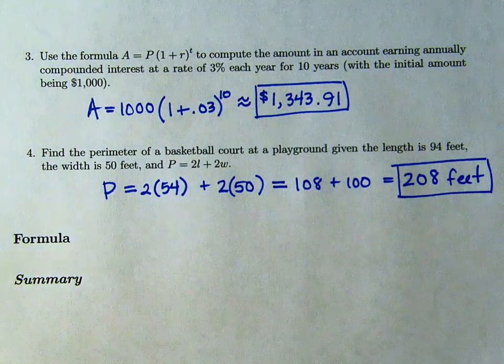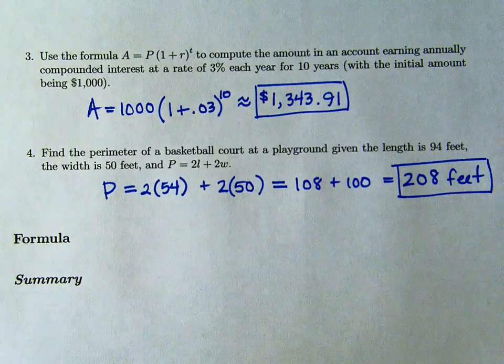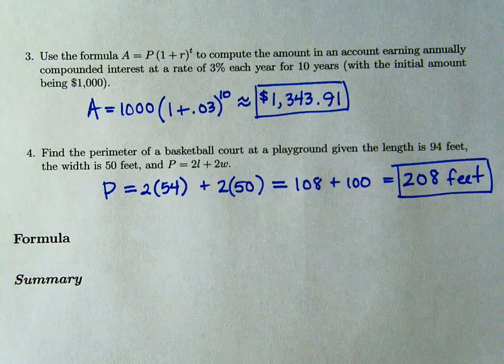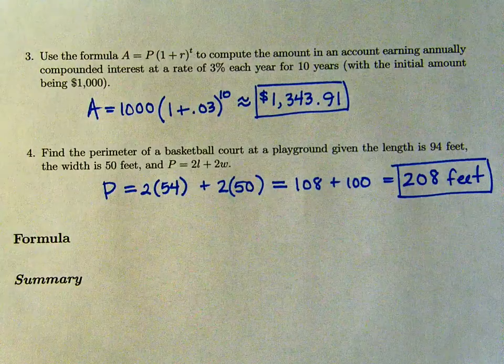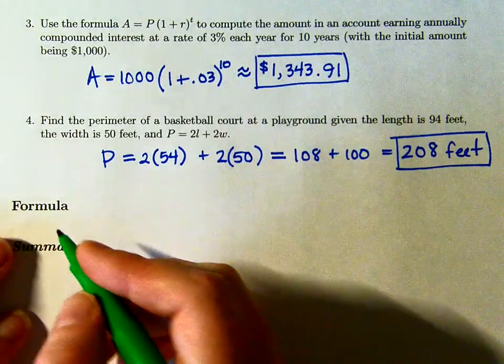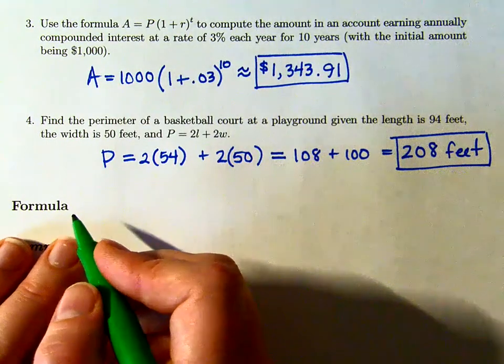Okay, so now we wrote down what a function is. We've previously written down what an equation is. Now let's write down what I think I would write down as what a formula is.